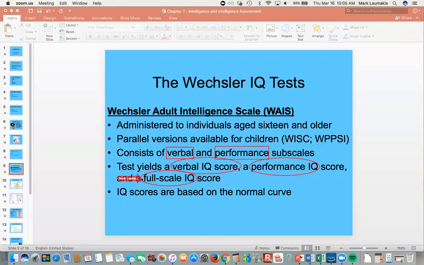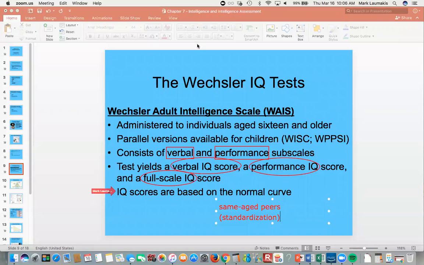Instead of utilizing the mental age concept, which we saw sort of breaks down and fails once we get past age 16, IQ scores now instead are based on the normal curve, okay? This lets me again type in same age peers. Done that about 3 times today, and makes you remember the importance of standardization is what I'm trying to type there, right?